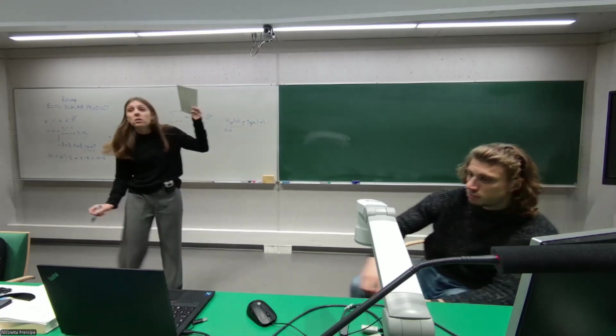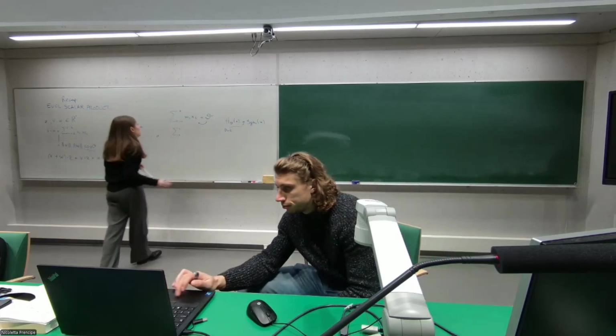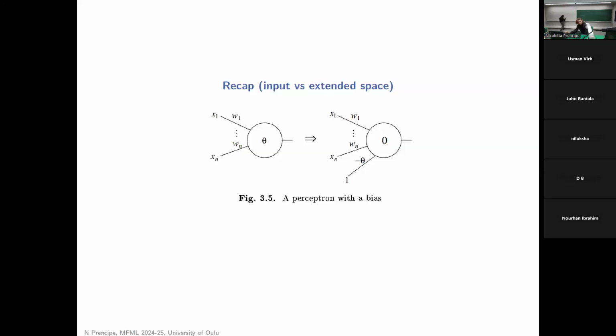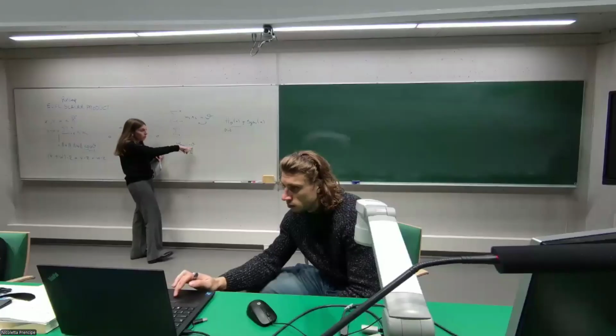You remember this picture? So we were considering w n plus 1 equal to minus theta and x n plus 1 equal to 1. So all our inputs had an extra coordinate called x n plus 1 equal to 1. And the new weights were with the threshold.